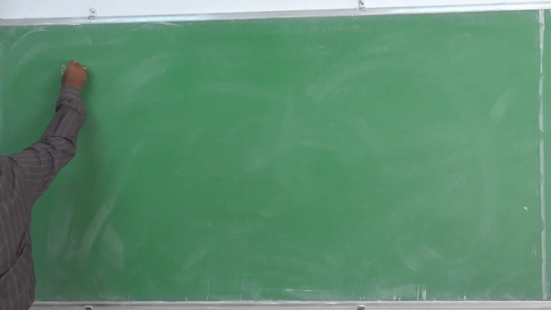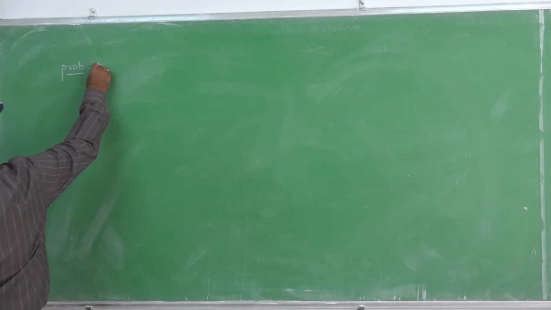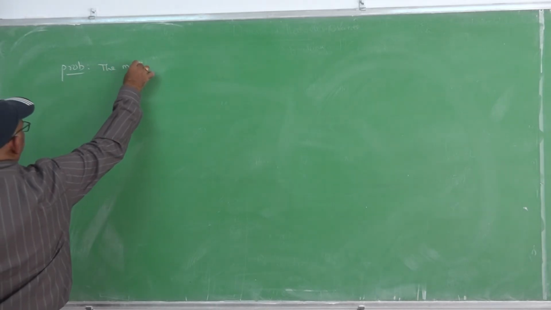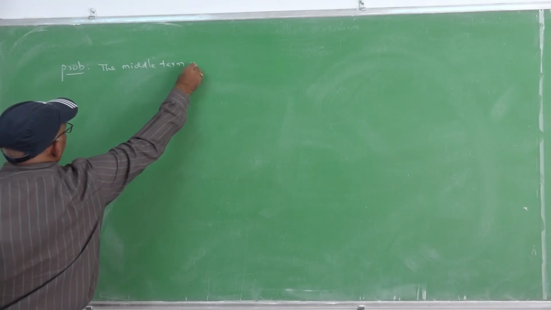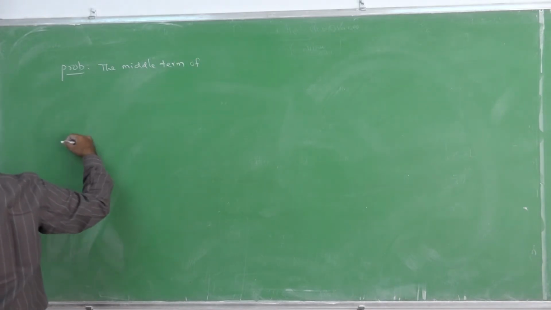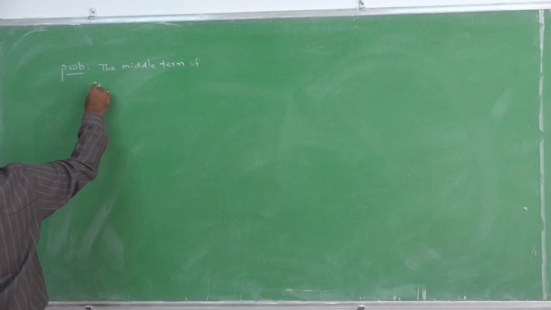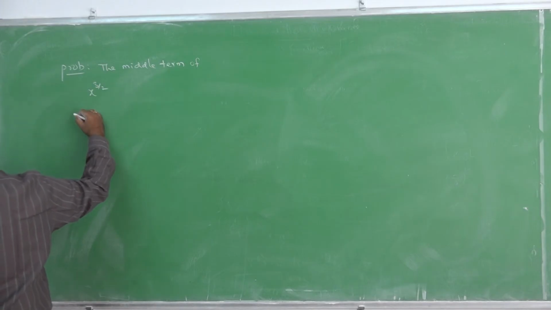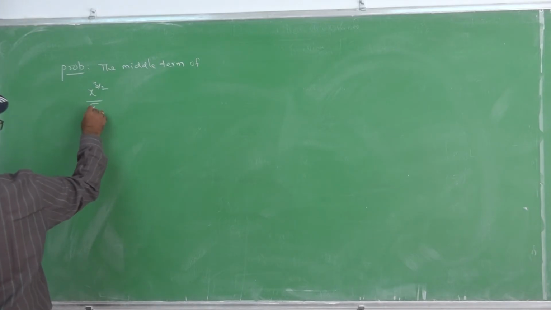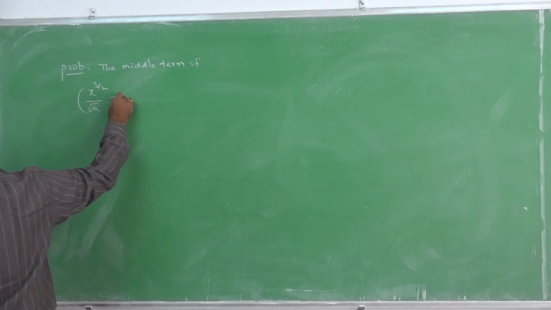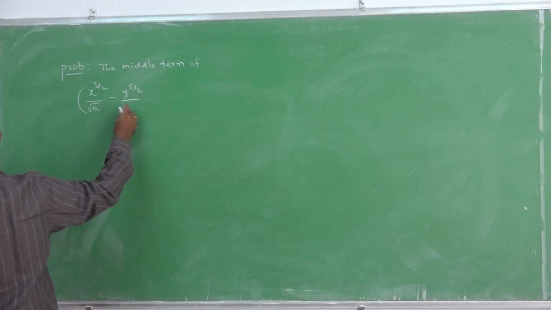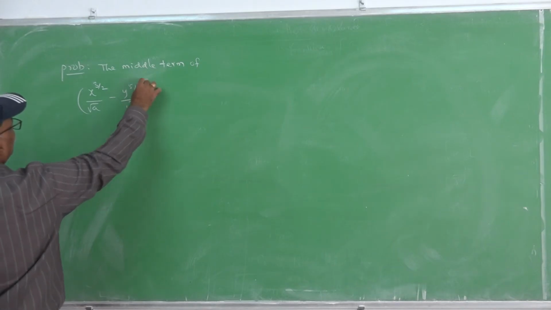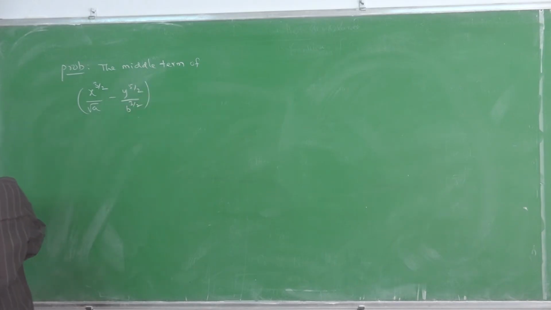Next one. The middle term of the expansion x power 3 by 2 by root a minus y power 5 by 2 by b power 3 by 2, whole power 8, is.